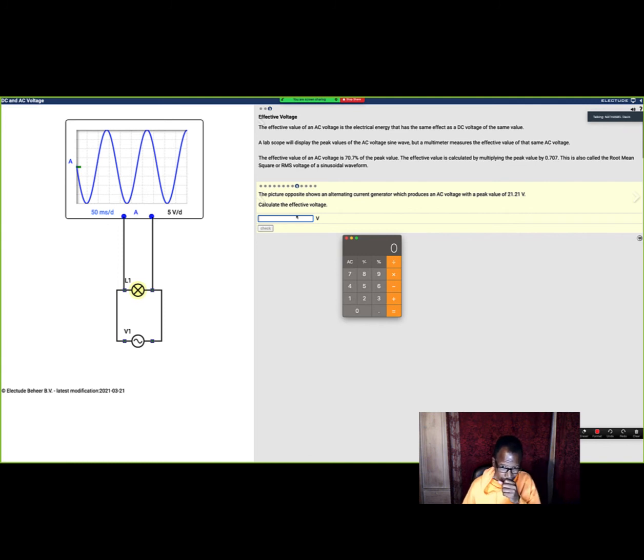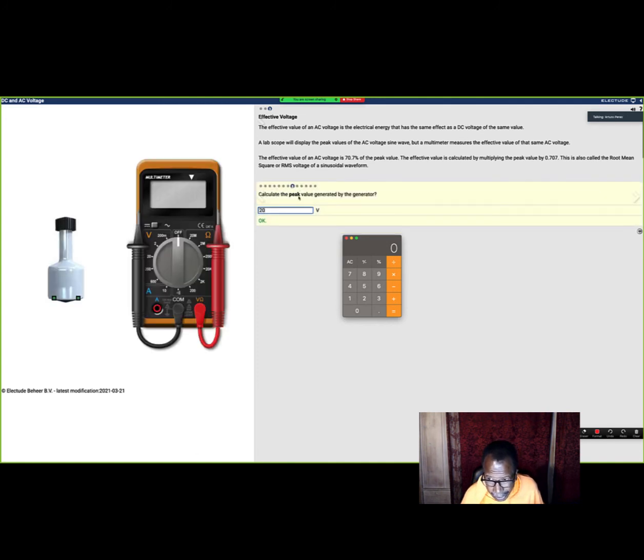Calculate the effective value. This says effective value. On this one, you have to multiply it because it's asking for the effective value.